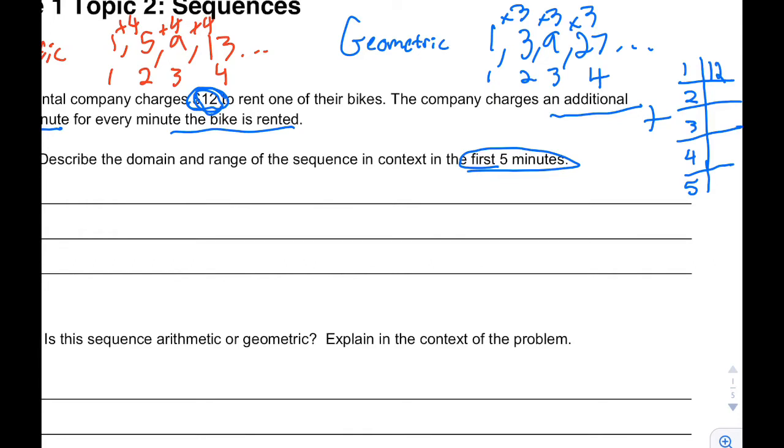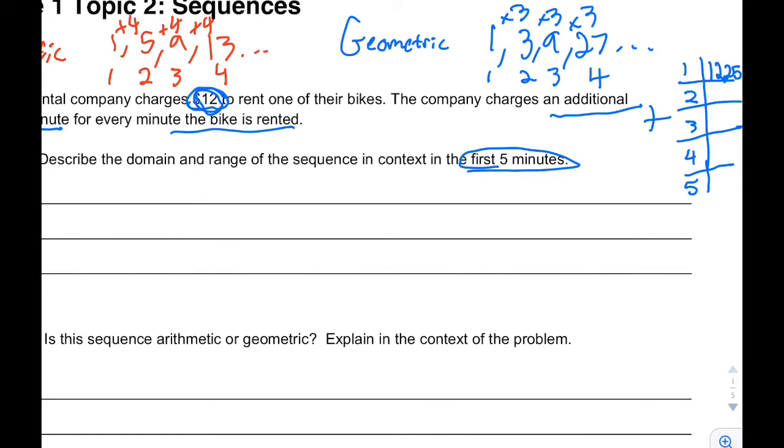So it's $12 to rent the bike, but for every minute it's 25 cents more. So after 1 minute, what is that going to be? Well, 12 plus 25 cents actually is $12.25. So my first term of this sequence actually is $12.25.